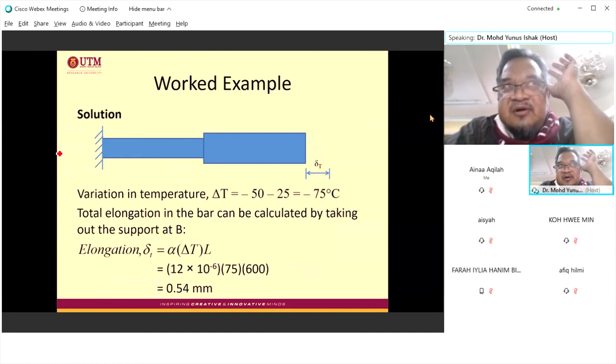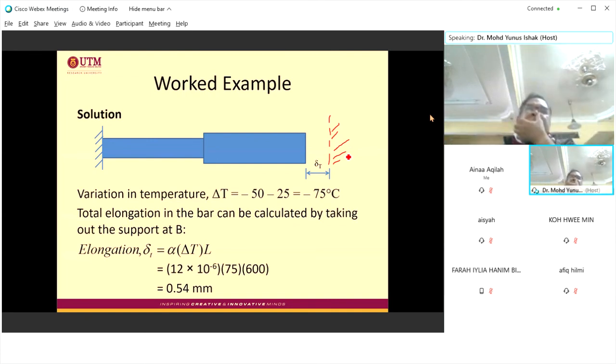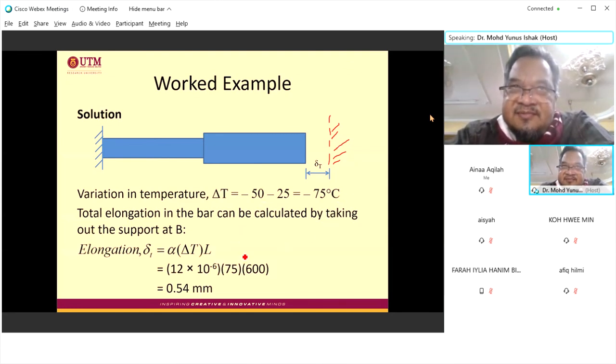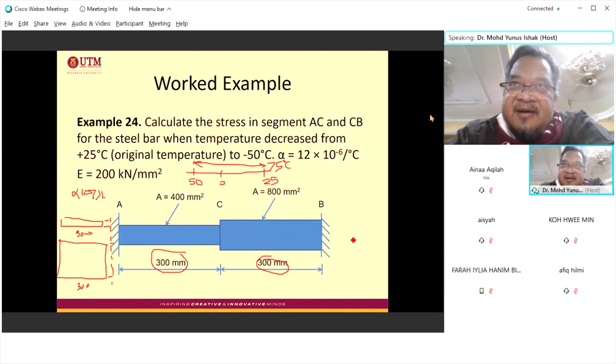So this is your actual length tadi. So alpha delta TL is 0.54. Okay, this is very rigid.